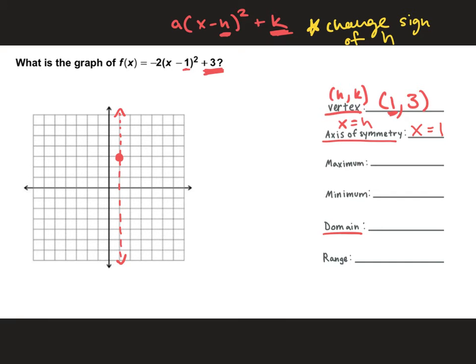What's our domain? Awesome, all real numbers. So our domain is always going to be all real numbers. Every question we do with graphing is going to ask for the domain. That's a freebie question because the domain is always all real numbers.